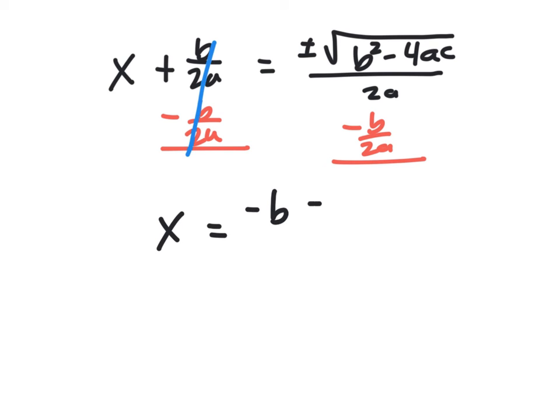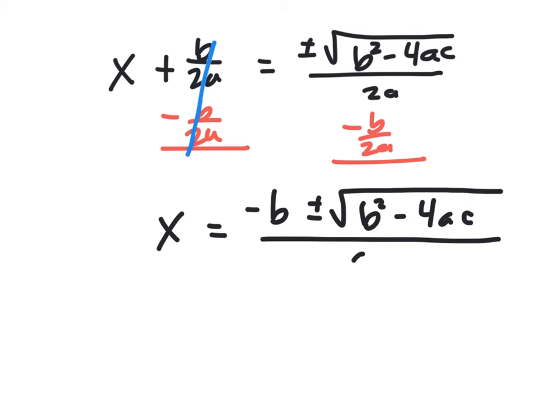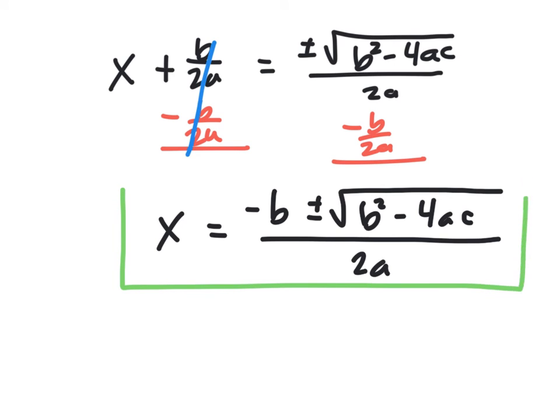The opposite of b, plus or minus the square root of b squared minus 4ac, over that common denominator 2a. And as I said on the last slide, we're going to put that in a big huge box because this is the quadratic formula. And the algebra involved is a little crazy, I agree, but this is definitely worth a smiley face.